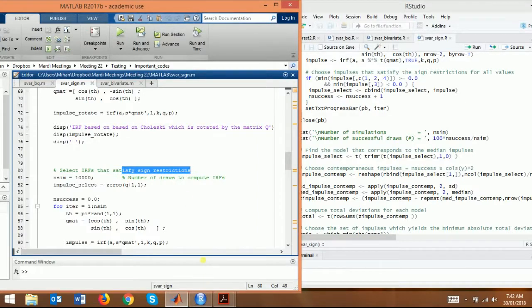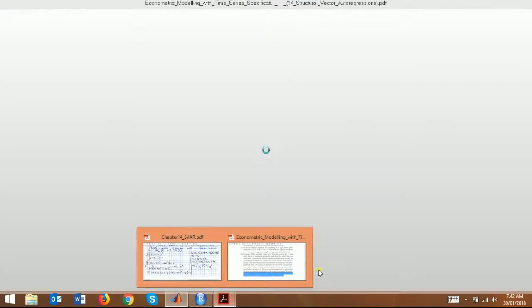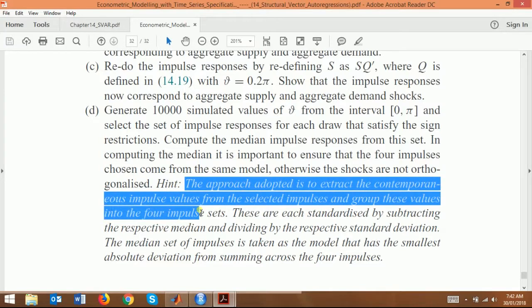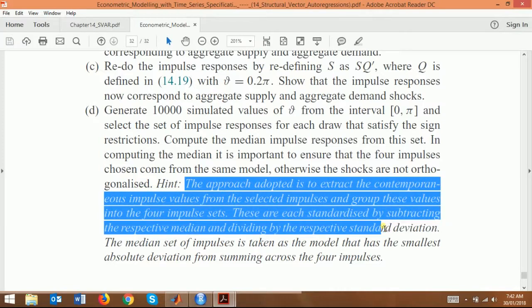sign restriction. And how do you do that? Which ones are to select? This is the part. We take impulse response values from the impulses, creating 4 sets of impulses. Then each set of impulses is standardized by subtracting the median and dividing.